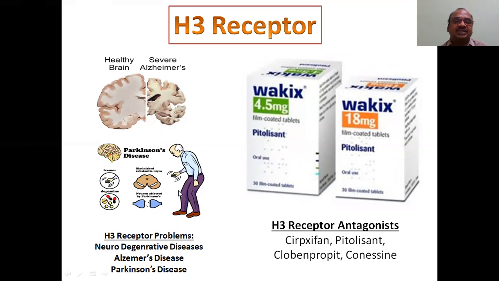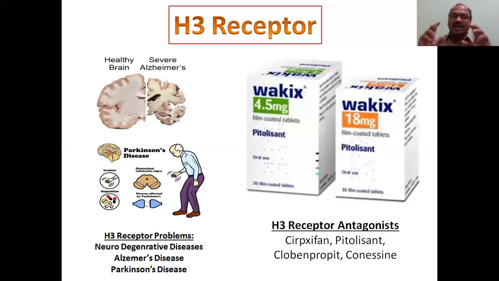There is no coordination, hand tremors come, shivering. It is also asymmetrical, one side heavy and the other side less. These are some of the problems. If you want to take drugs against this, there are samelisant and pitolisant. See here the name pitolisant, available in the form of tablets. It works against H3.